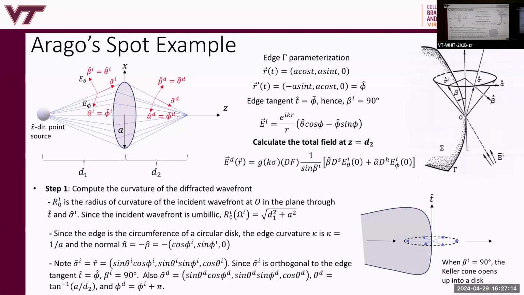If we're looking at this thing from the side, here is sigma incident hat, and the tangent at this point is coming out of the board, phi hat, which is equal to t hat. So the plane containing these two things is the xz plane, right?